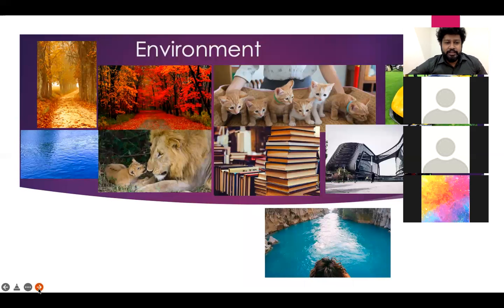Then we discussed different environments, maybe our indoor home environment, classroom environment, maybe ocean or forest. In these different environments, we can see different objects. Some are living and some are not living.